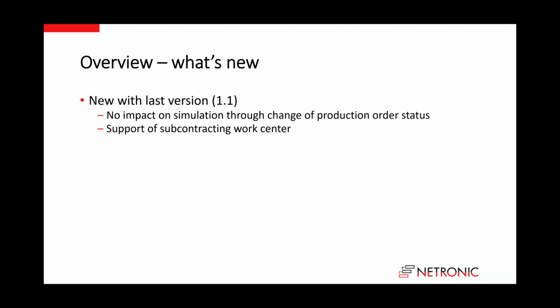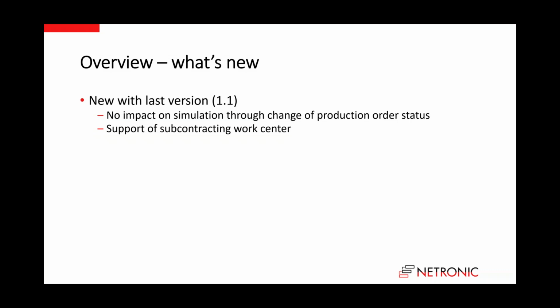With the last version that we shipped silently in May, we had a minor change that if you change the status of a production order, this makes no impact on the simulation. So it just updates the color of the production order, but there is no simulation outdated.